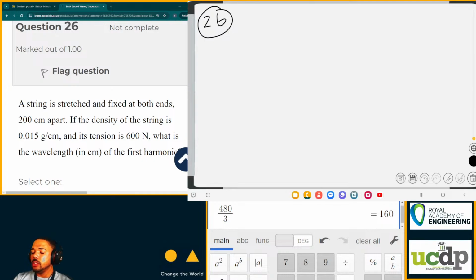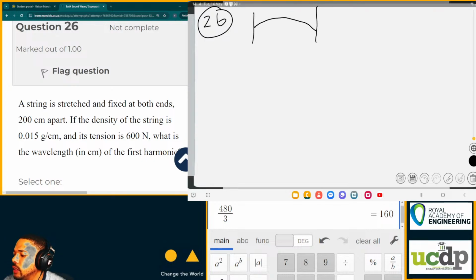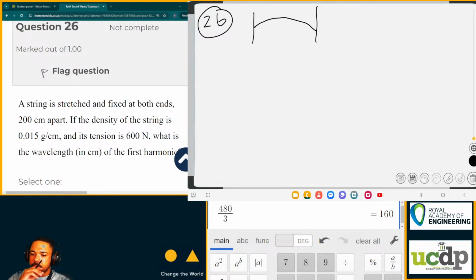The fundamental frequency in this case only has 2 nodes, and they are each at the end of the string. So it's like this. The string is like that, and those are the 2 nodes at the ends of the string.